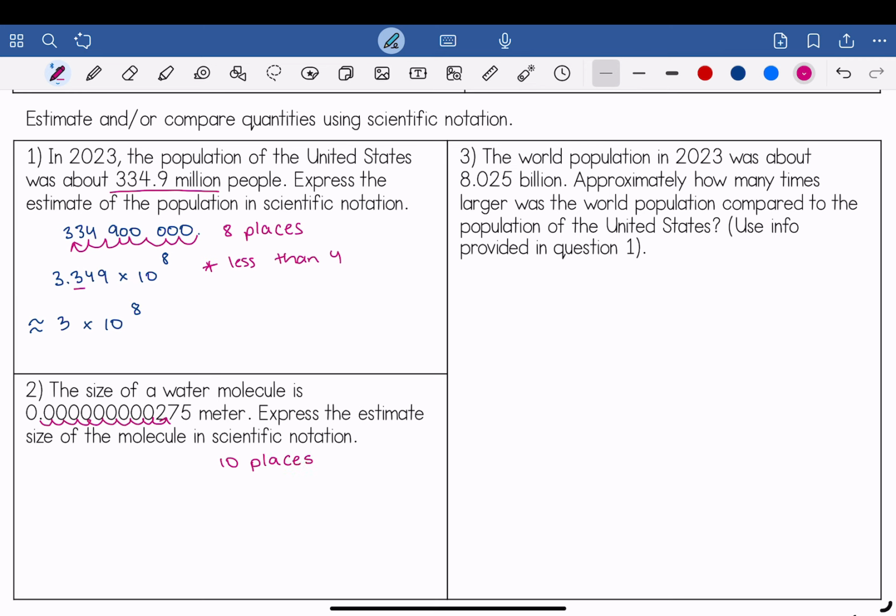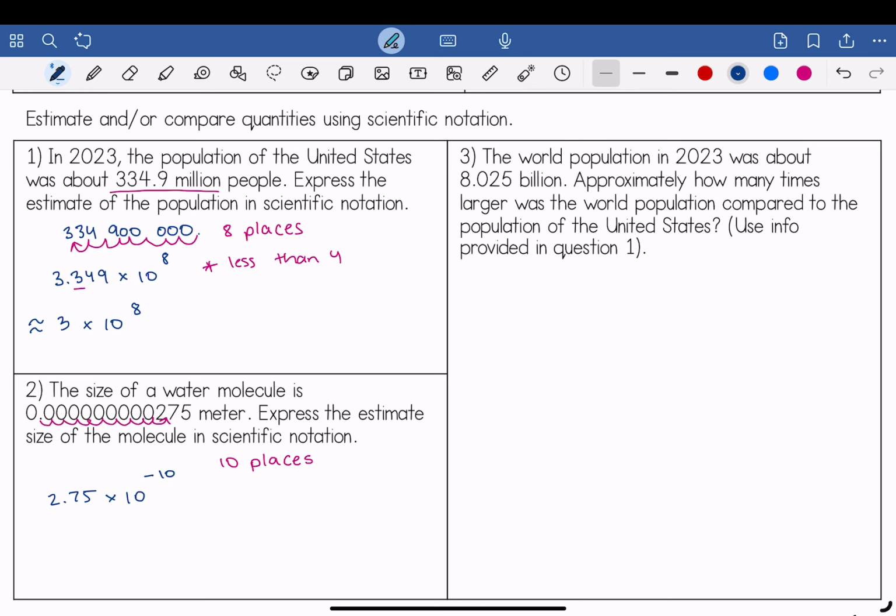Or you can count the number of zeros. And we're going to rewrite it in scientific notation, which would be 2.75 times 10 to the power of negative 10.